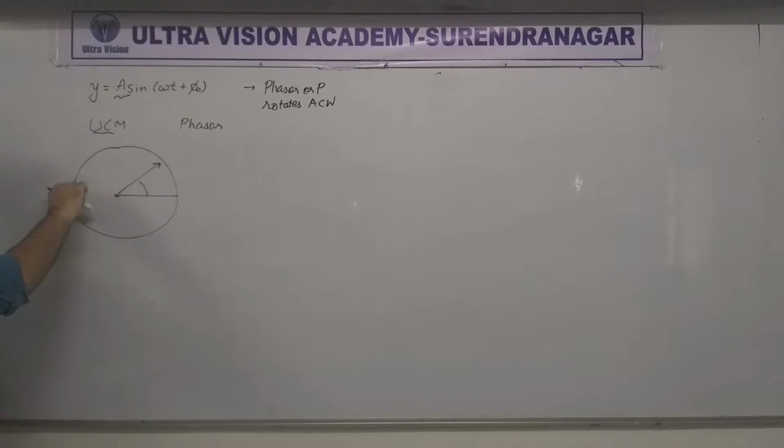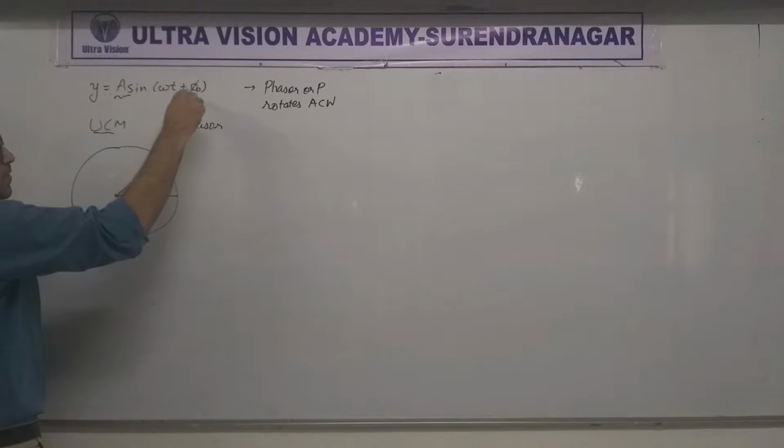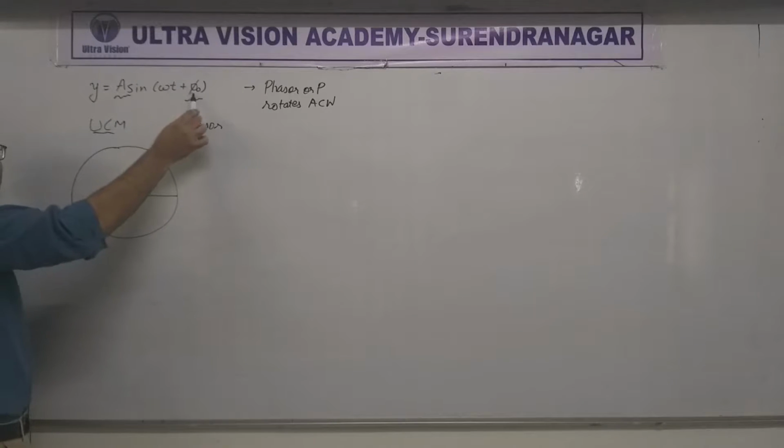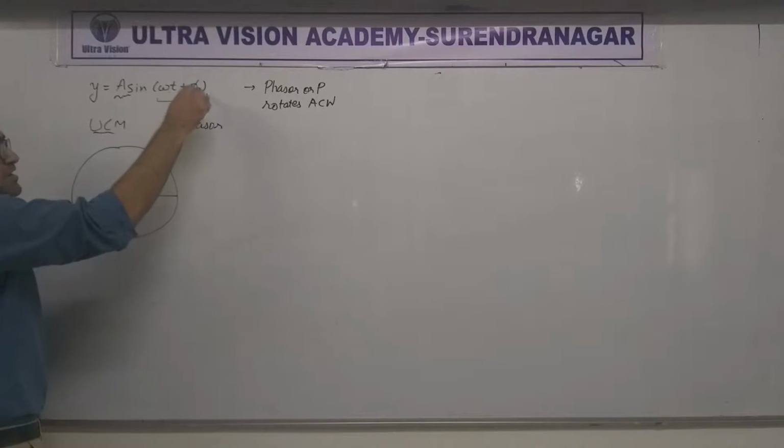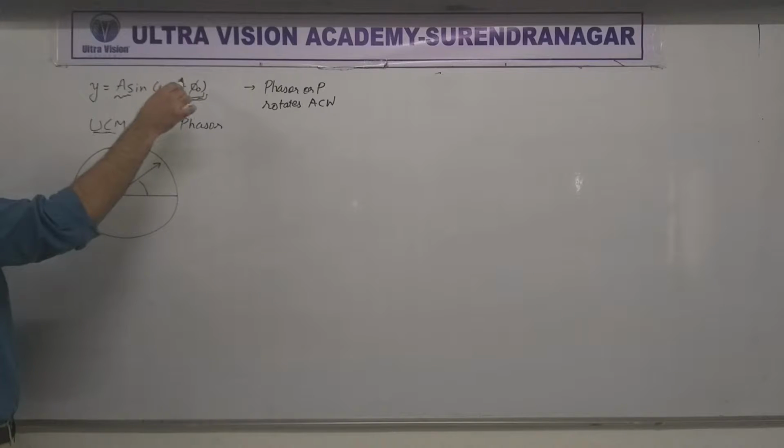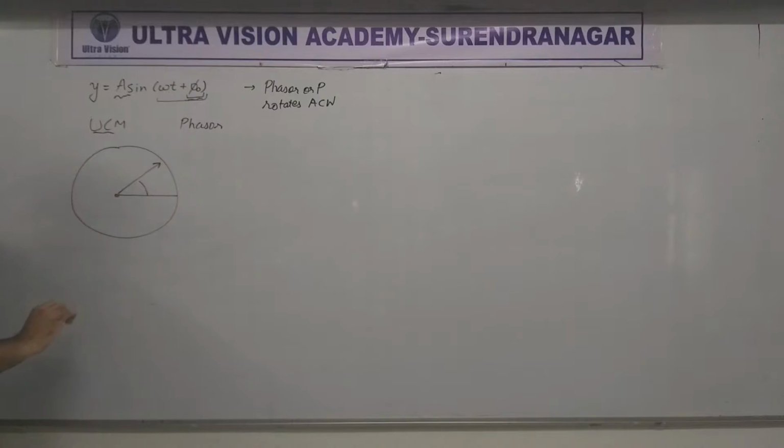And phi 0 is the initial angle, the initial phase. This whole thing is called the phase and this is called the initial phase. Hopefully you remember that.